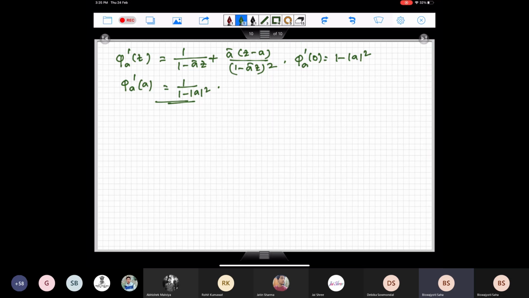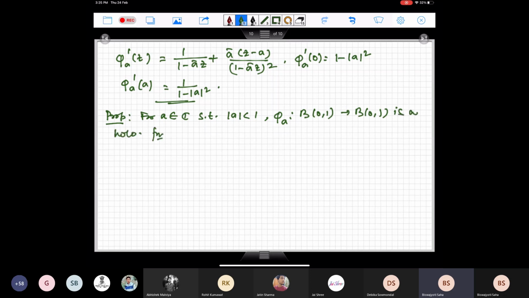Anyway, this is what we have about the function phi. Whatever we have discussed so far, if I try to summarize, I can write the following proposition. For a in C such that mod a is less than 1, phi a is a map from B01 to B01, a holomorphic function, such that phi a at a is equal to 0.